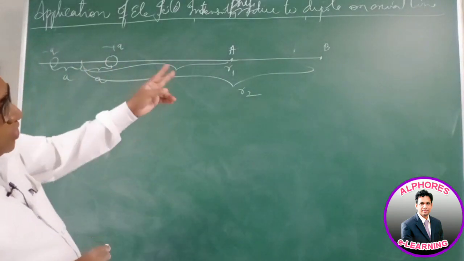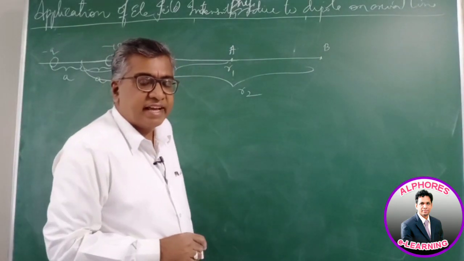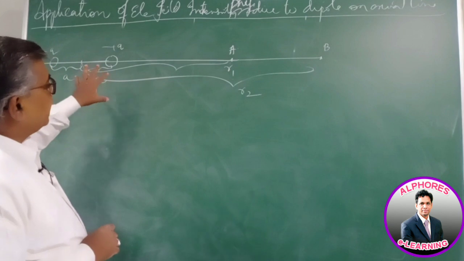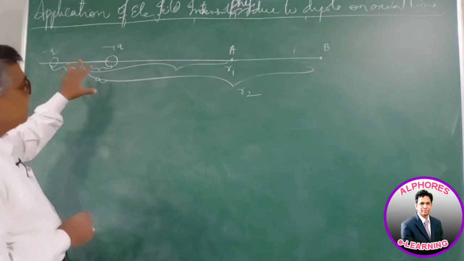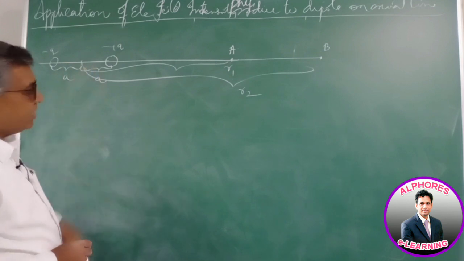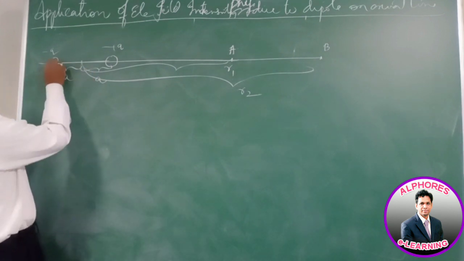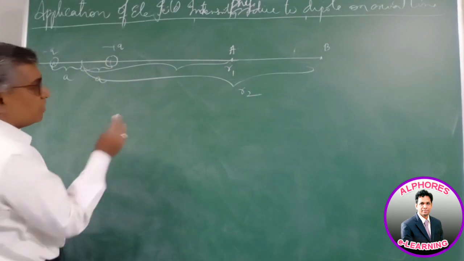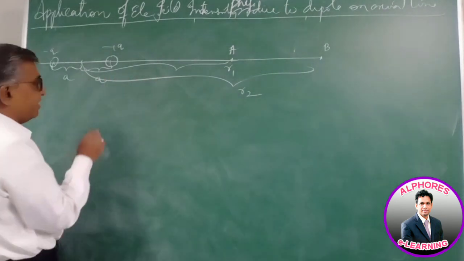Considering two different points on the axial line of an electric dipole of considerable length, not negligible length, not a short dipole, a bigger dipole with considerable separation between the charges, then comparing the electric field.